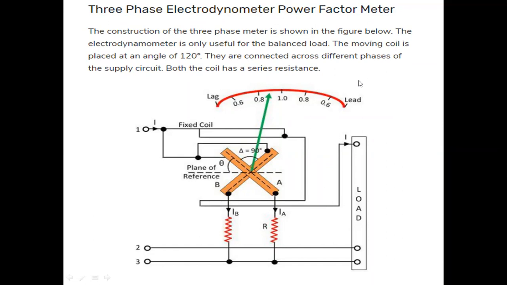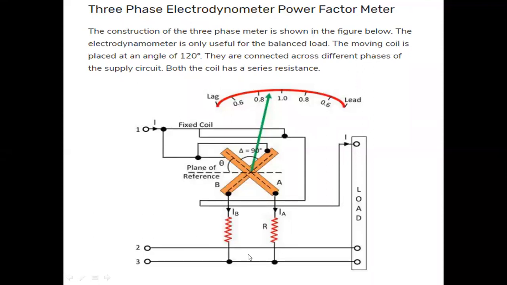The instrument contains two moving coils and a fixed coil, which are 120 degrees apart. The connections are across two different phases of the circuit, but the third phase is connected to the current coil. The main purpose of the third phase is to carry the current flowing through the line.